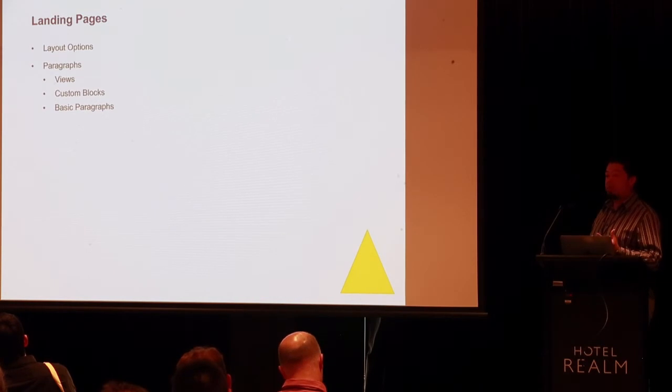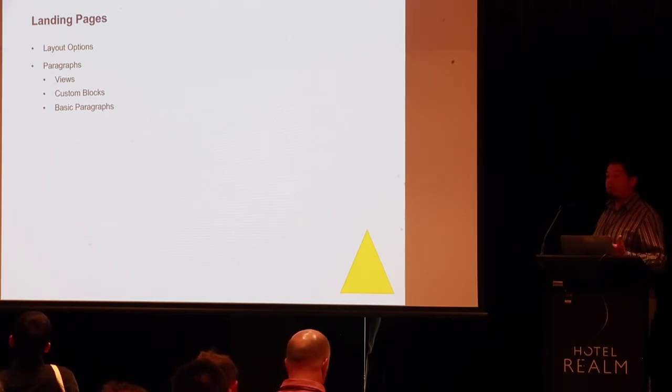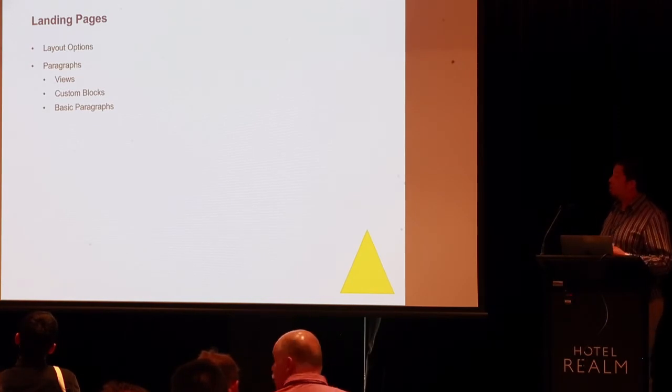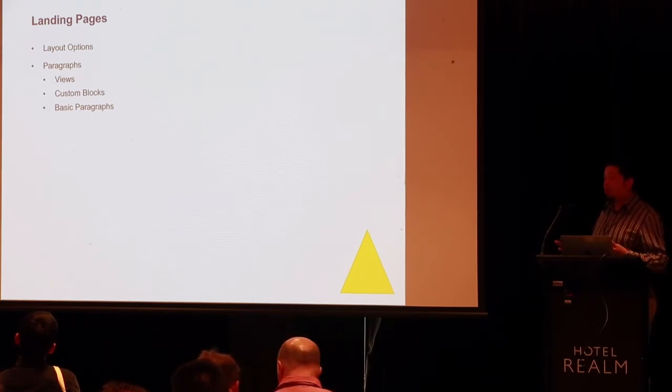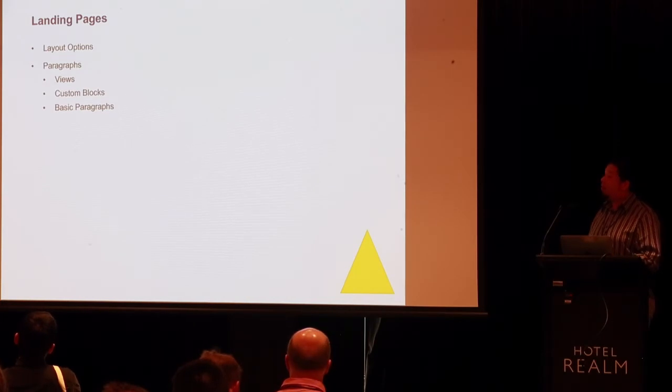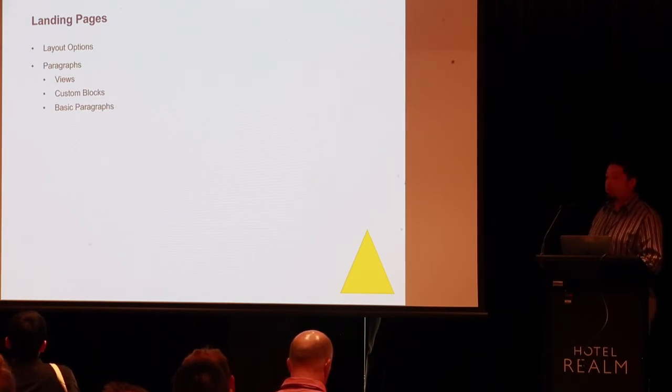Each one of those components in the back end, or the paragraphs in the back end, relates to one of the front end components, and it allows content editors to have a very flexible experience, so they can create almost any page that they want, while also maintaining a lot of control and ensuring that they're not breaking any of the UX or the design that we've put in place.